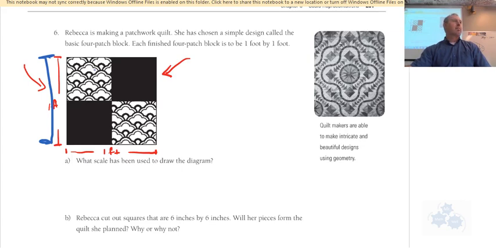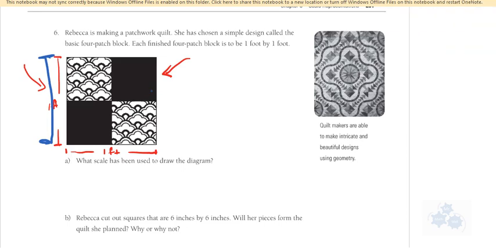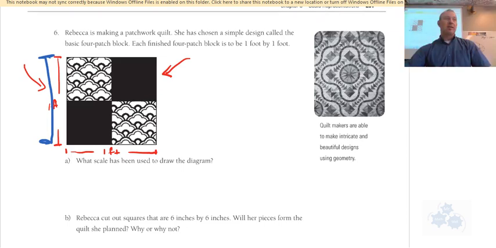What do you guys get? You got 4.9? Well, we're all over the board here. Wait, 4.9? I got that too. Let me check. 4.9 millimeters? No, not 4.9 millimeters. 4.9 centimeters, maybe. 10 millimeters is 1 centimeter. Okay, guys. So the actual measurement is 4.9 centimeters.